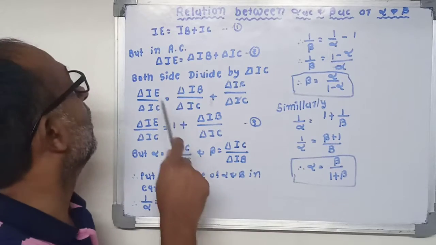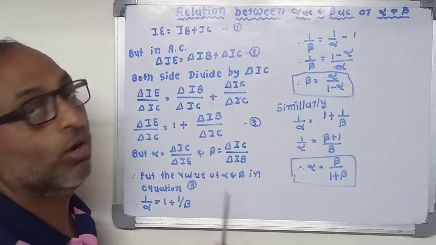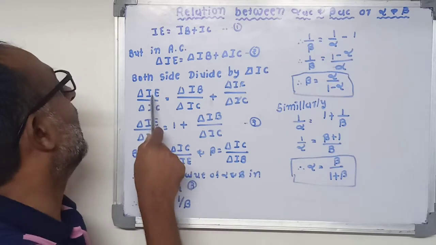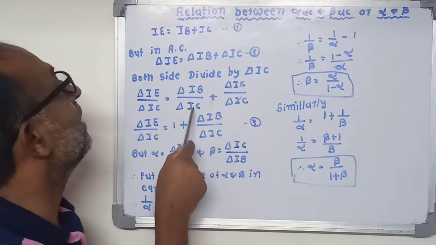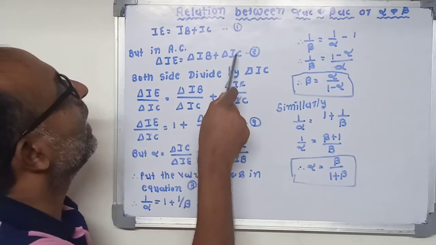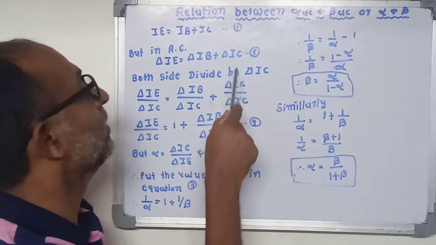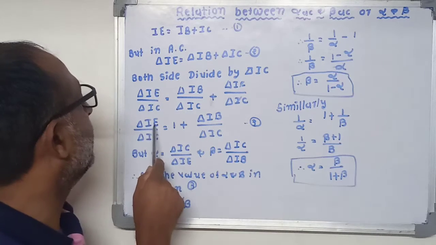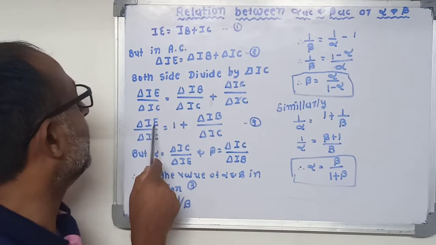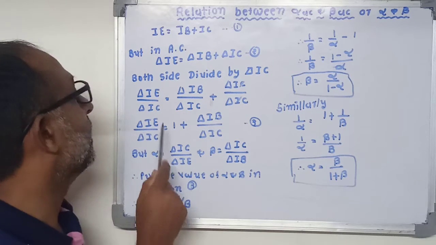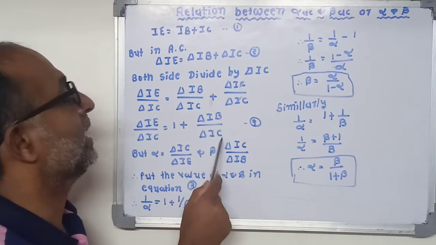Now this equation number 2 divided by delta IC on both sides. So delta IE divided by delta IC is equal to delta IB divided by delta IC plus delta IC divided by delta IC. So delta IC gets cancelled. So delta IE divided by delta IC is equal to 1 plus delta IB divided by delta IC.